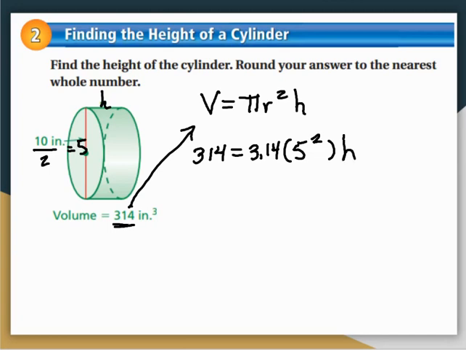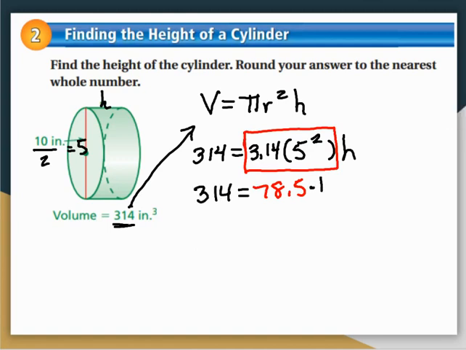So we do a 5 here, and then height. So to solve this problem, we're going to do this part first, simplifying our equation by doing the multiplication that can happen. 3.14 times 5 squared is 78.5. Okay, but we still have 314 and we still have the h.